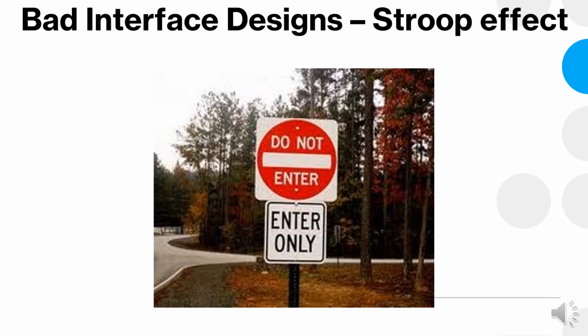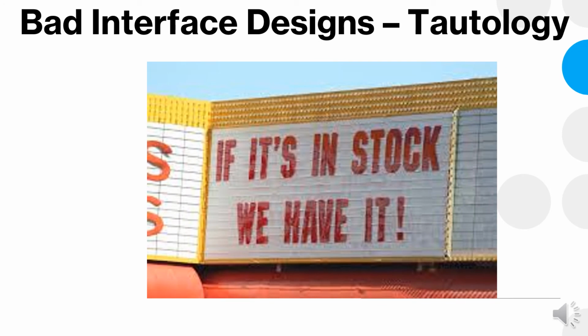If it's in stock, we have it. So what's going on here is we have a tautology effect, or just a tautology, in which it's basically just saying the same thing in two different ways. So obviously if it's already in stock, then users already know that they have it. So this is basically just giving unnecessary information or overusing words.